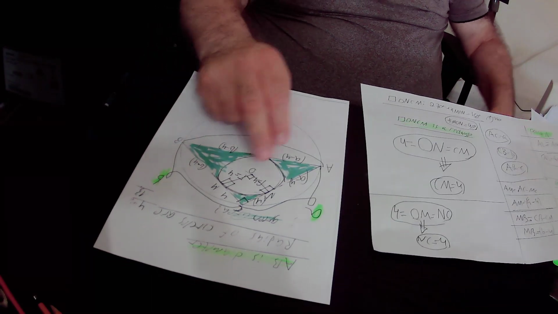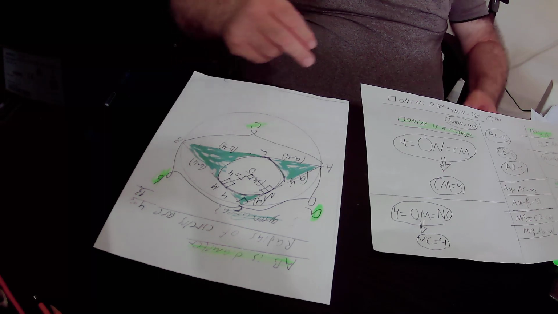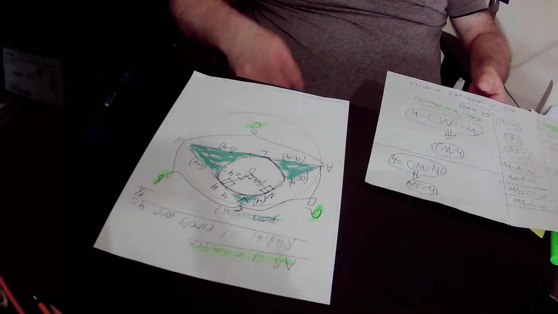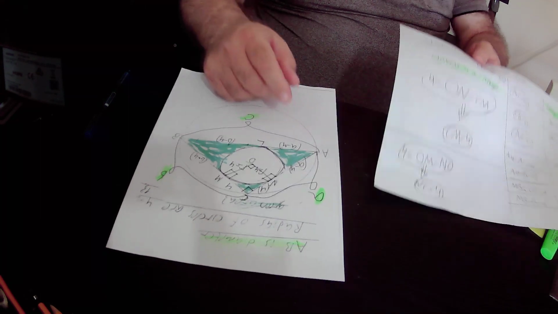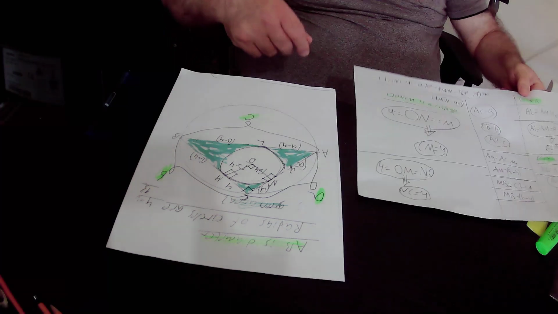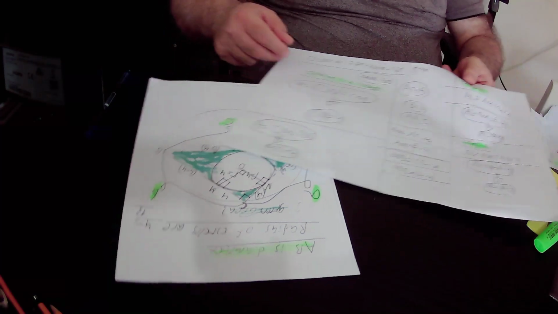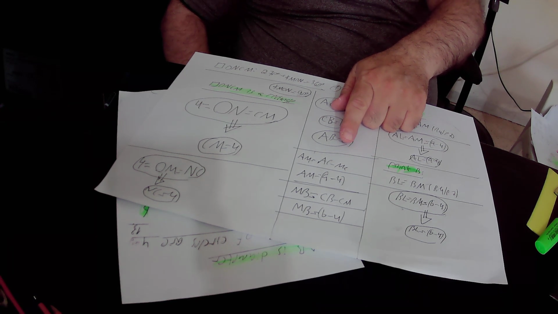Then we defined AC as A, CB as B, and AB as C. What is the length of line segment AM? The length of line segment AM is equal to AC minus MC. AC equals A, MC equals 4, so in conclusion AM equals A minus 4.